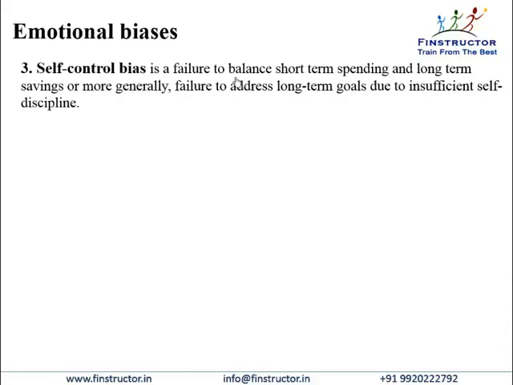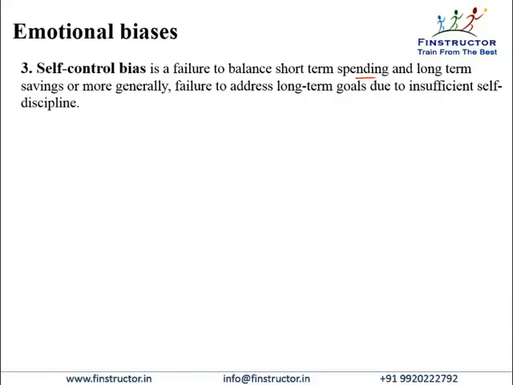Self-control bias is a failure to balance short-term spending and long-term savings, or you can say it is a failure to address long-term goals due to insufficient self-discipline. So we sat with an advisor, we understood our long-term requirements, and we decided that we need to save so much and invest so much to meet our long-term objectives.